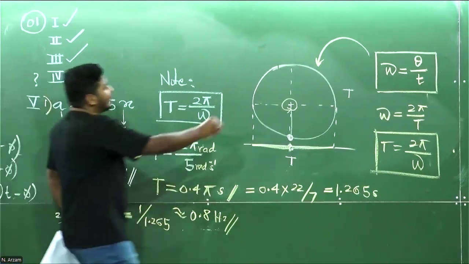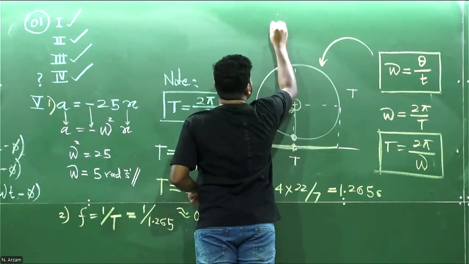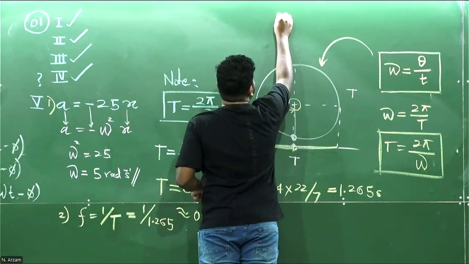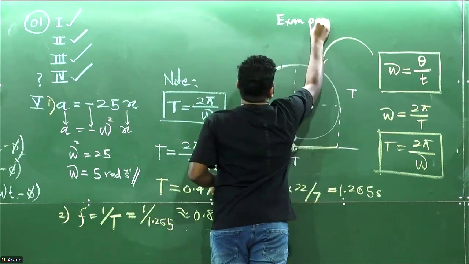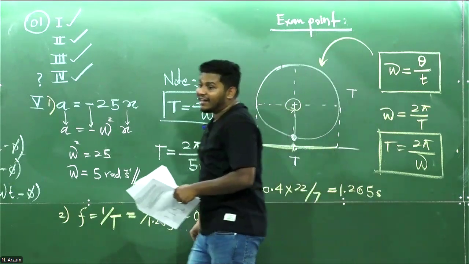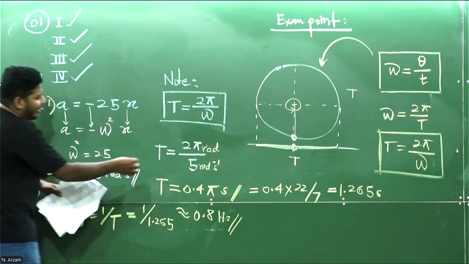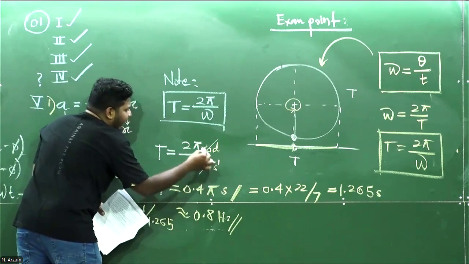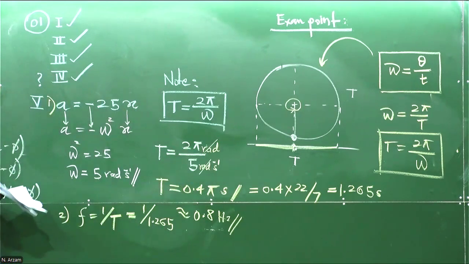Guys, this is the summary note. This is also the note, right? The following note. Okay, exam point. Don't substitute 180 degree here. Okay, right. So here the radians are cancelled. So the phi, the value is like 3.14, right? So 22 by 7.